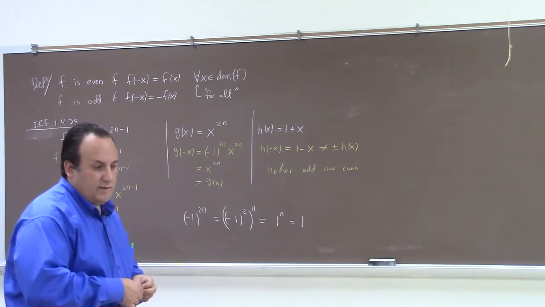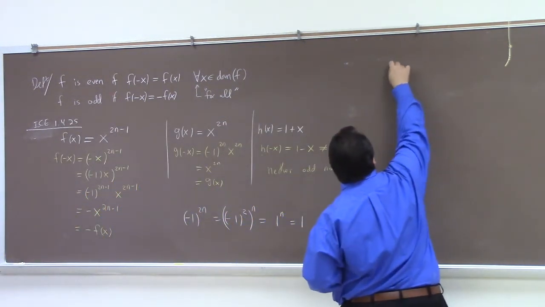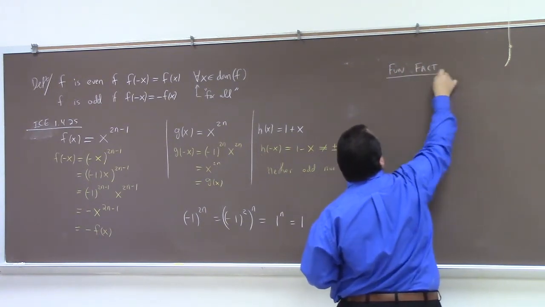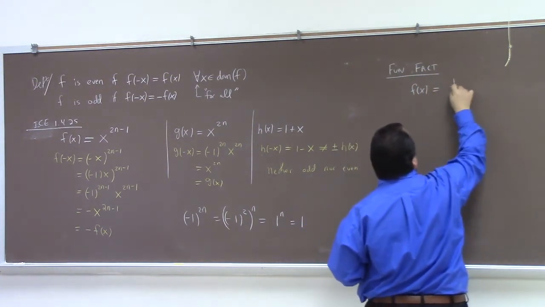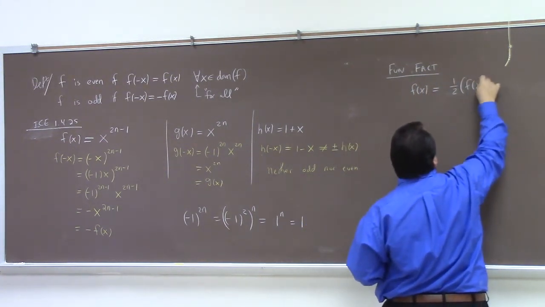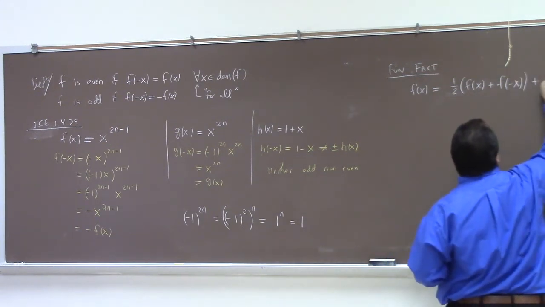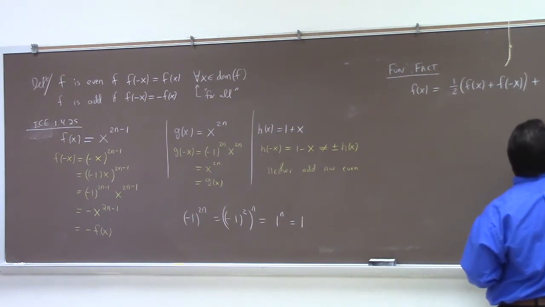Now, moving forward here, fun fact, f of x is 1/2 (f of x plus f of minus x) plus 1/2 (f of x minus f of minus x).